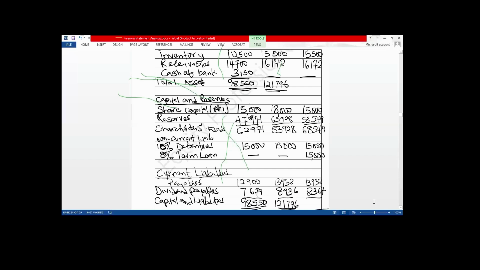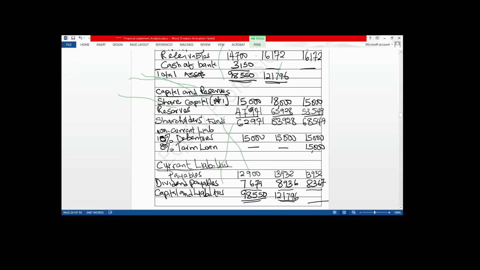It should be 121,796. Can you please scroll up? Let me see the non-current assets. Look at it here. Shareholders' funds, non-current assets 15,000. Non-current liabilities 15,000. Current liabilities, sum these two together.